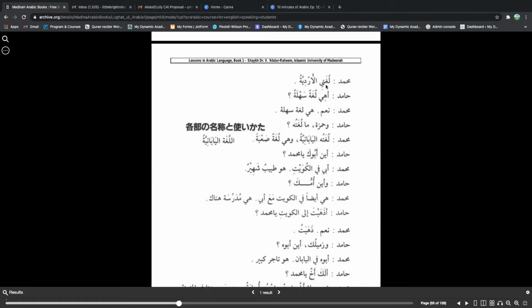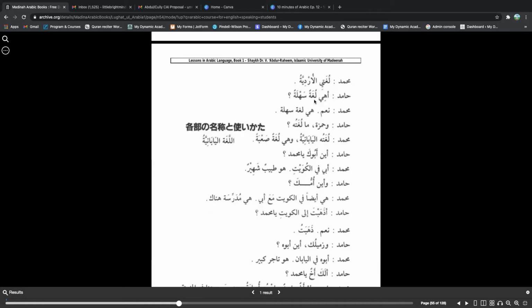So he's saying my language is al-urdiya, is Urdu, okay? Urdu, which is spoken in the Indian subcontinent. Also, in Pakistan, they speak Urdu, okay? Which actually has a lot of Arabic words in it. They just pronounce it differently. Okay. Muhammad, lughati al-urdiya.